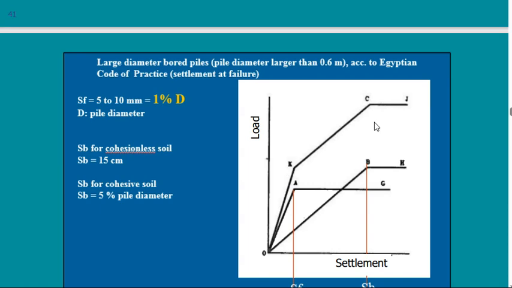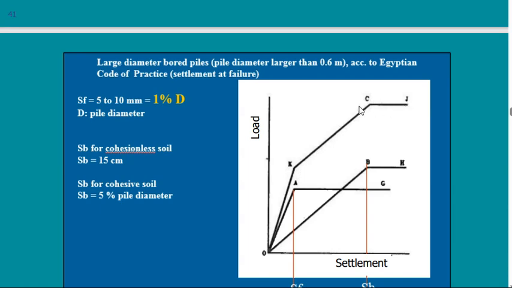If I put load on the pile and I measure the settlement, this is the relation between load and settlement. I can draw a curve. This curve, instead of having it like a curve, I can approximate to these 3 lines. So how can I reach these 3 lines connected together?